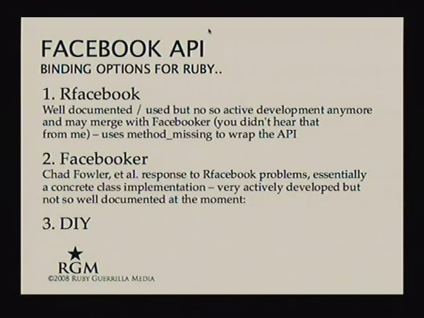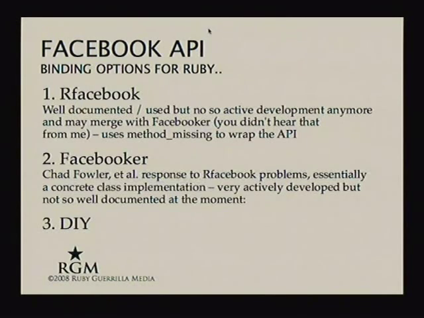There's talk that it's going to merge with Facebooker anyway. And so basically how it works is you use method_missing to essentially wrap the API and gives it a really lightweight, flexible interface to the API. And as a result, though, it ends up more looking just like the PHP API itself. So you may or may not like that.